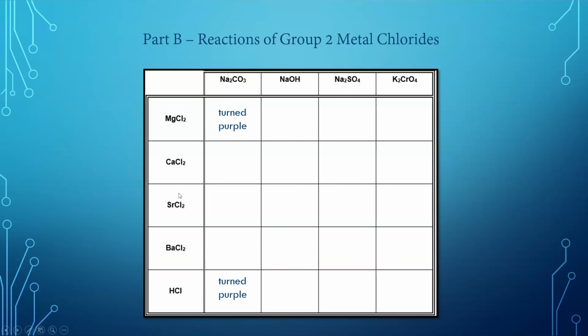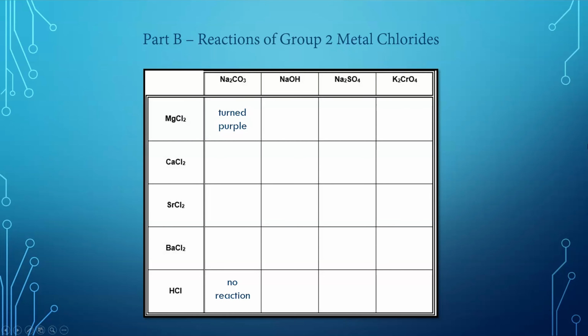On the other hand, suppose we added the hydrochloric acid to the sodium carbonate and there was no reaction. In that case, that purple color must have been caused by the magnesium chloride, and thus we can assume that magnesium chloride did indeed react with the sodium carbonate.